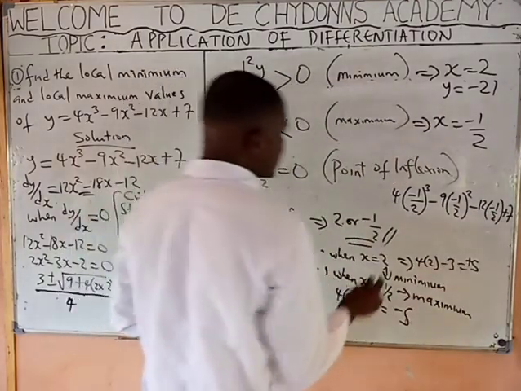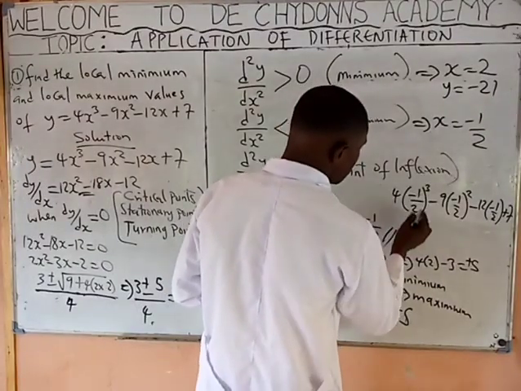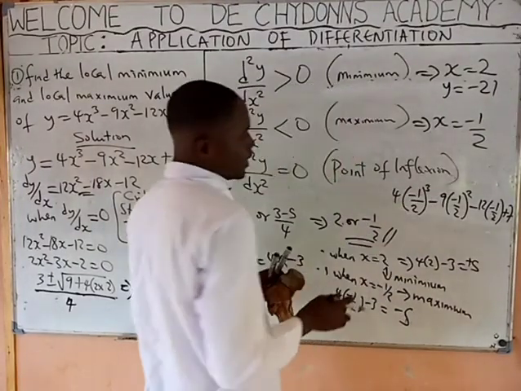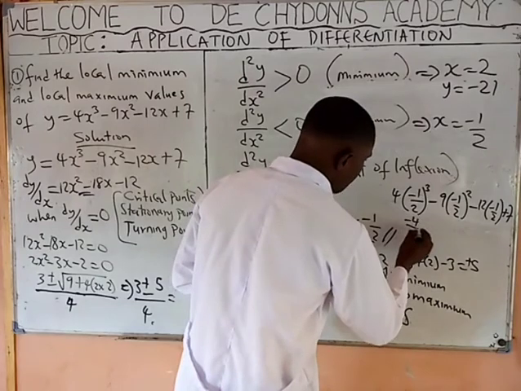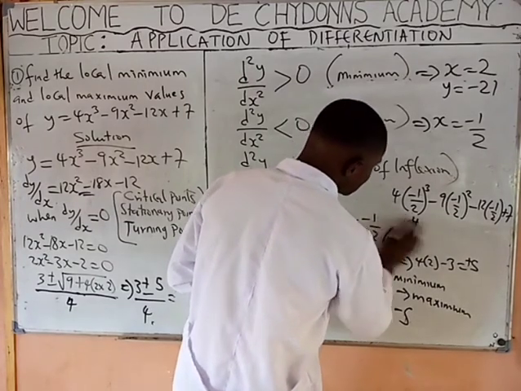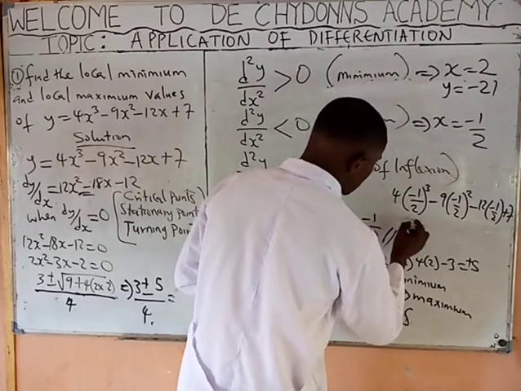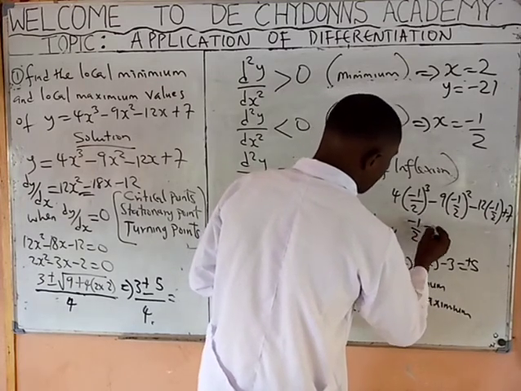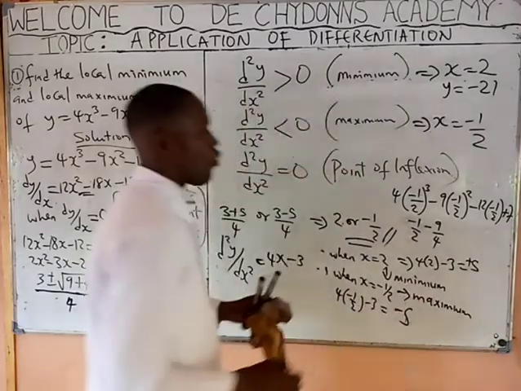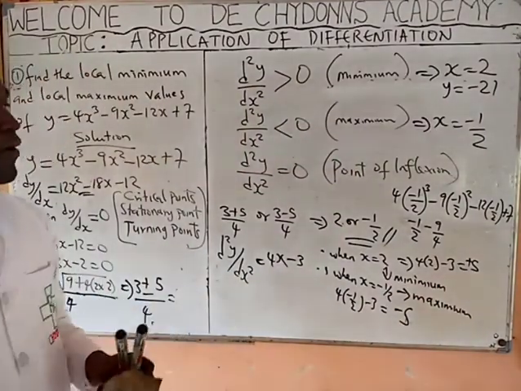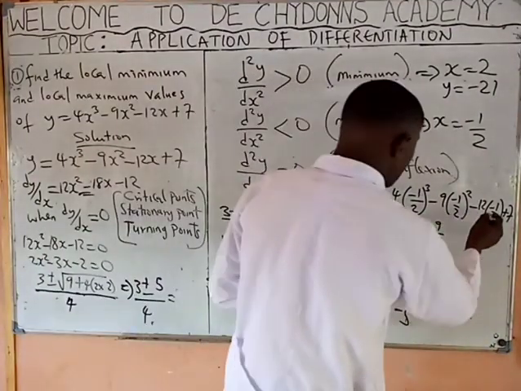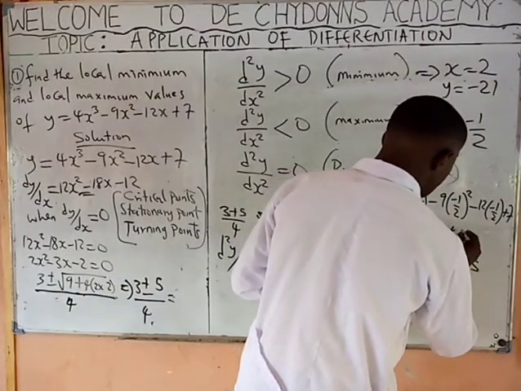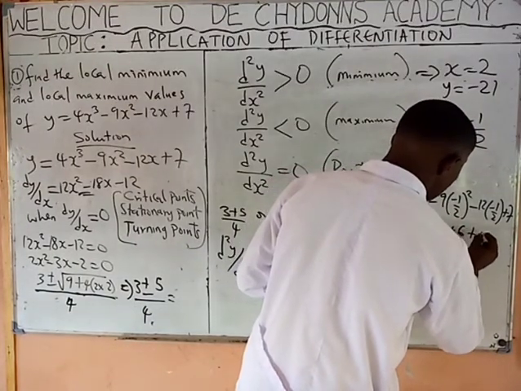So what will happen is this will give you 2 raised to the power of 3, 8, minus 4 over 8, that is minus 1 over 2. Then this will give you minus 9 over 4, right? Yes. Then here we will have plus 6 plus 7.